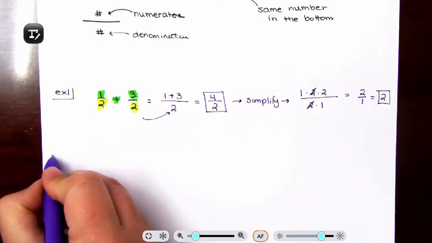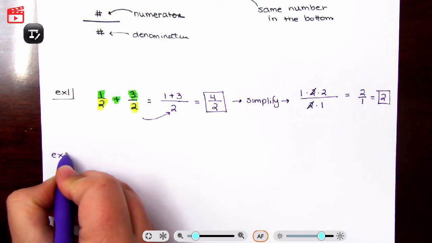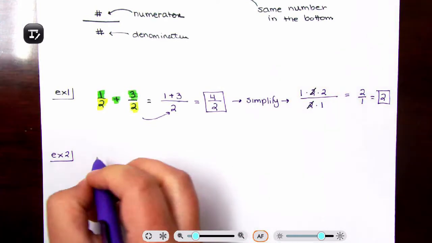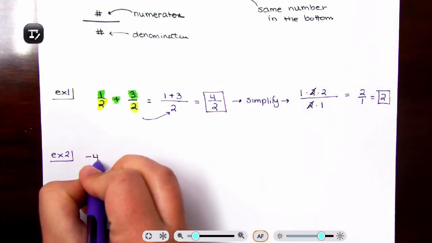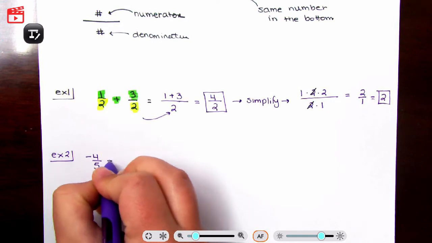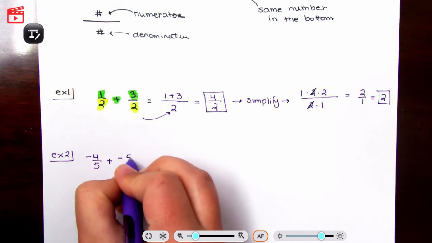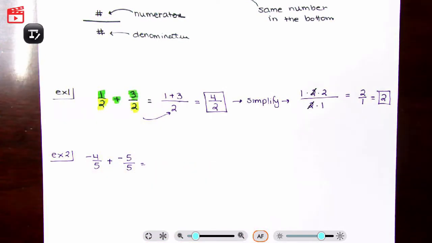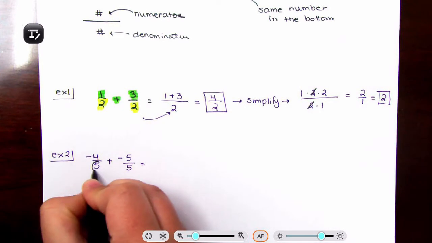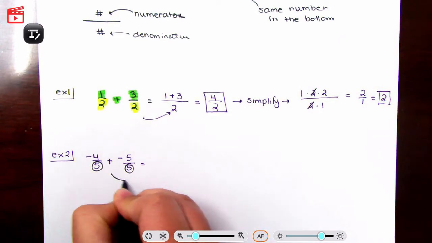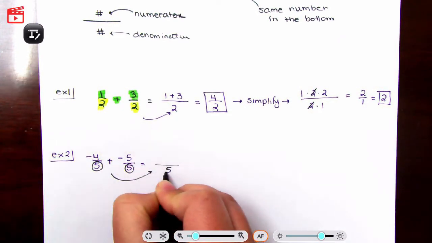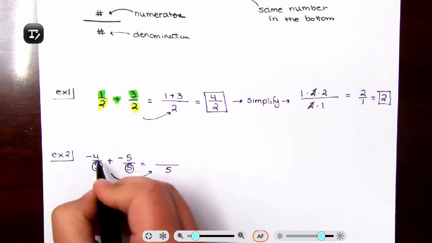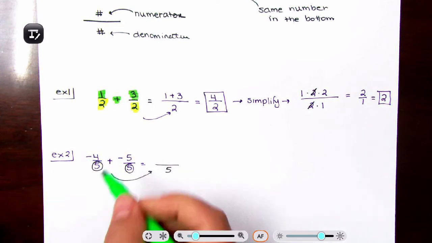Let's do another example for addition. Let's do -4 fifths plus -5 fifths. Again, take the denominator, you're going to copy and you're going to paste it in your denominator. For your numerator, the numbers on top, you're going to take everything.